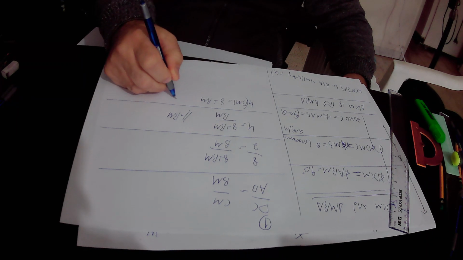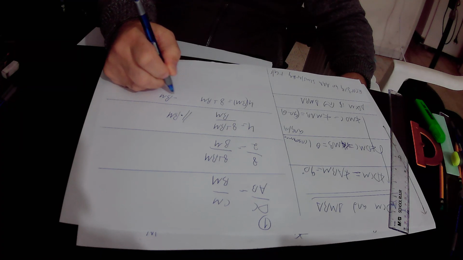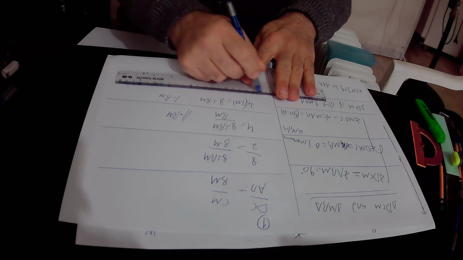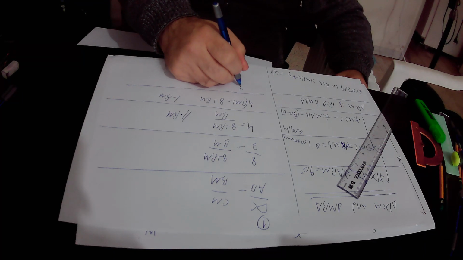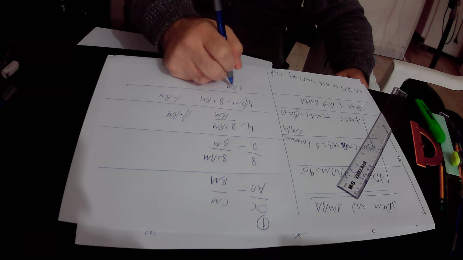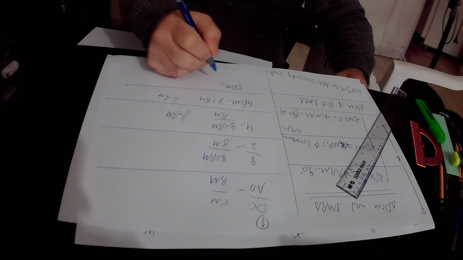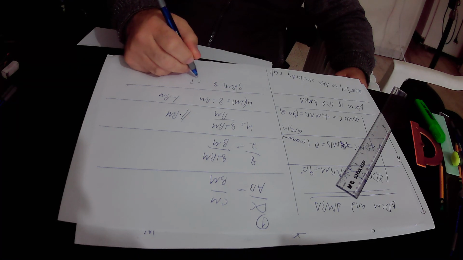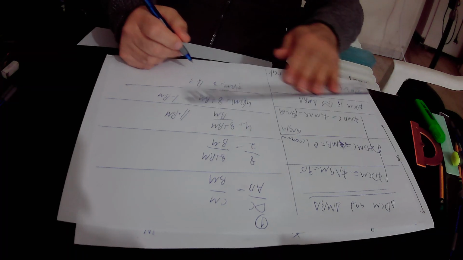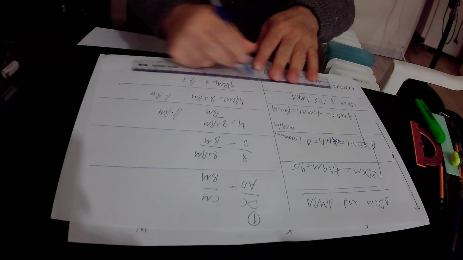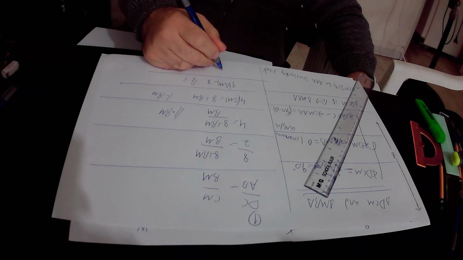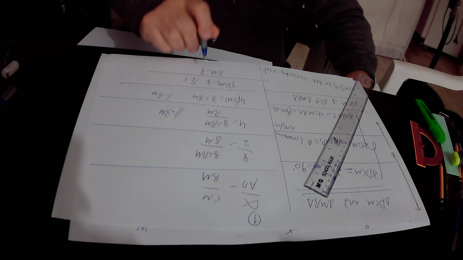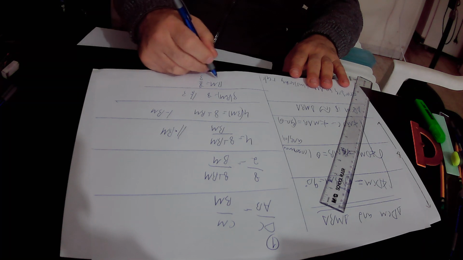Here we subtract BM from this equation, and we get that 4BM minus BM is 3BM, that equals 8. Here we divide this equation by 3, and finally we get that the missing side BM equals 8 over 3 units in its length.